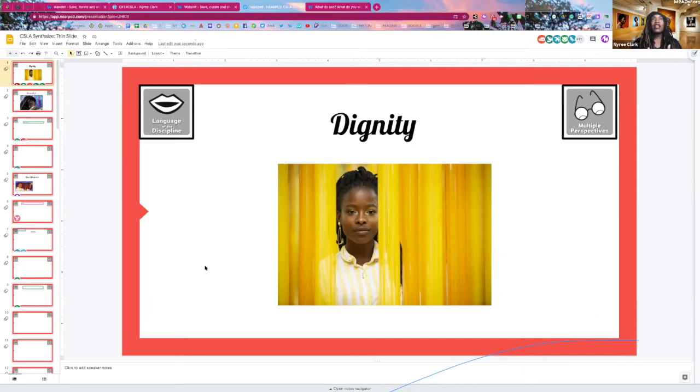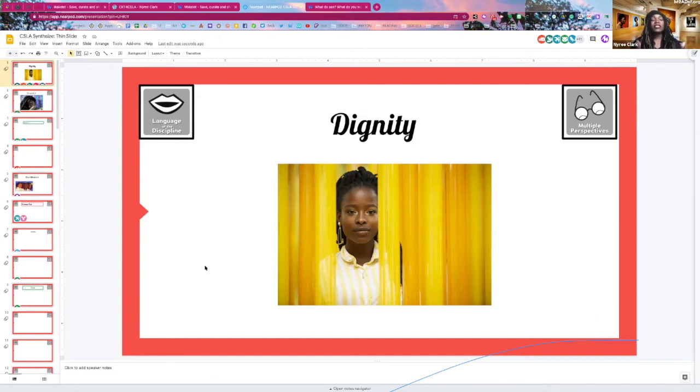In our collaborative slideshow, you will see that there are two of those pictures. I have language of the discipline and I have multiple perspectives. Multiple perspectives allows us to see different people's experiences and their viewpoints.